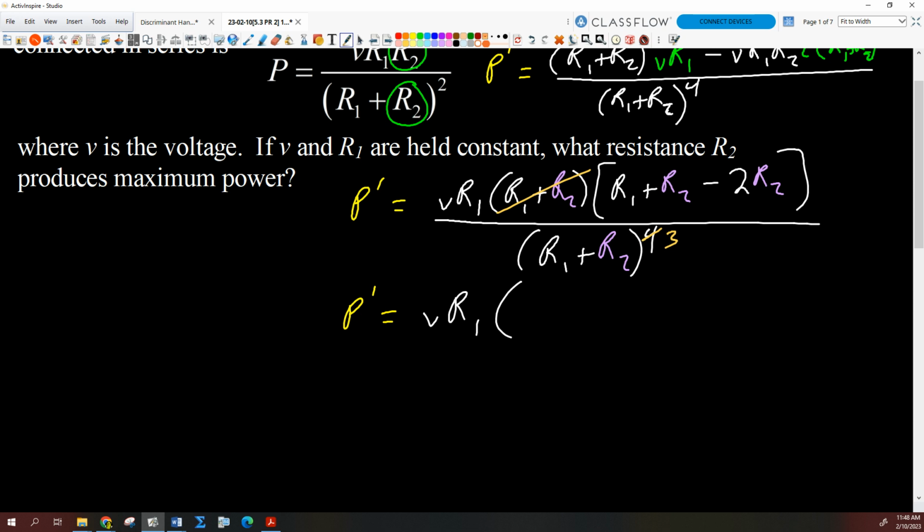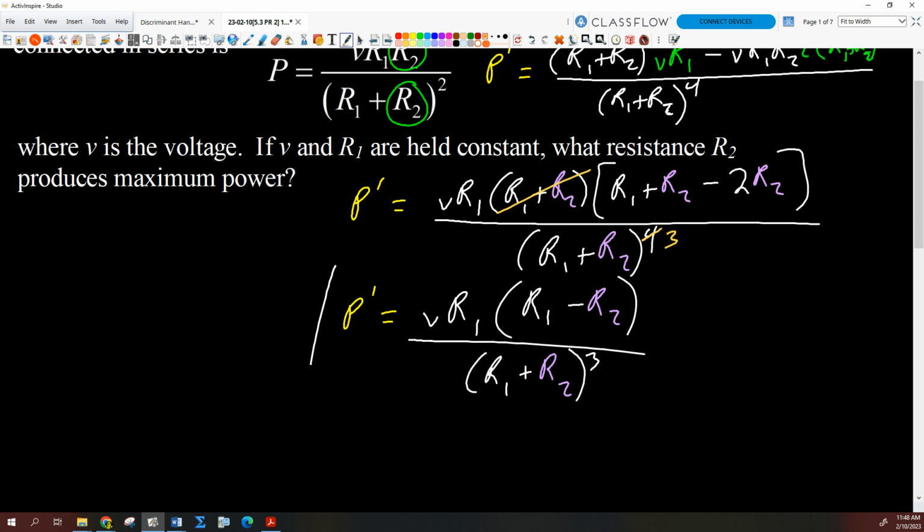R1 minus R2. Okay, so there's our derivative.